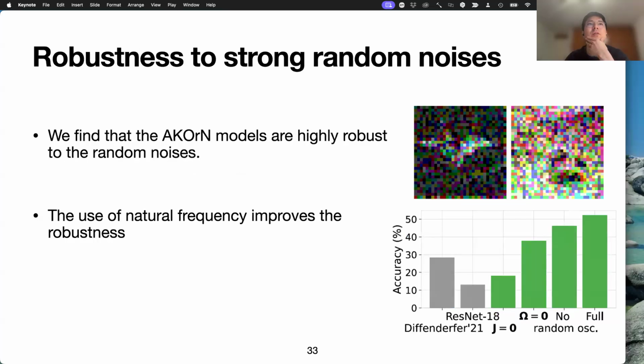First of all, we find that AKOrN is very robust to strong random noise. These are the images that are fed into the model, which are highly perturbed, but the model can still recognize them. For example, this is a perturbed image of a plane. Maybe this is a perturbed image of a dog. This is maybe two eyes and a mouth.